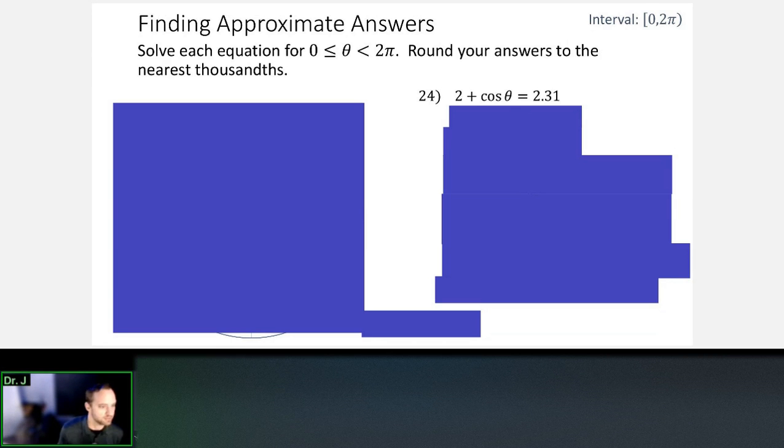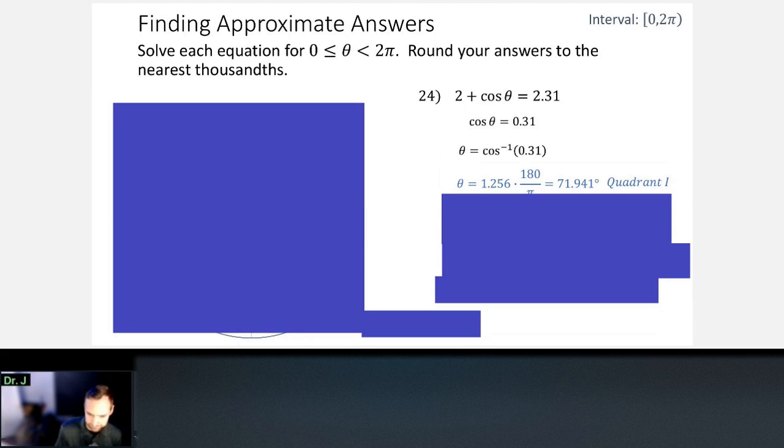All right, so let's go through it. We should subtract 2 from both sides, then arc cosine both sides, and then we type it in, and we get 1.256.